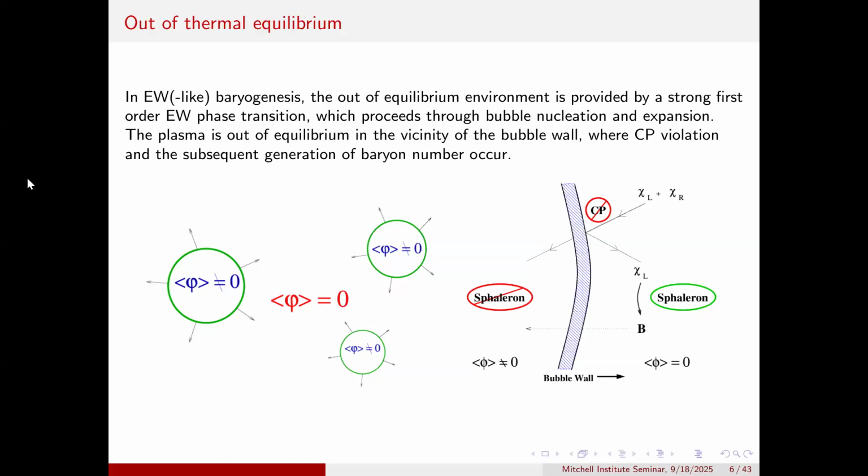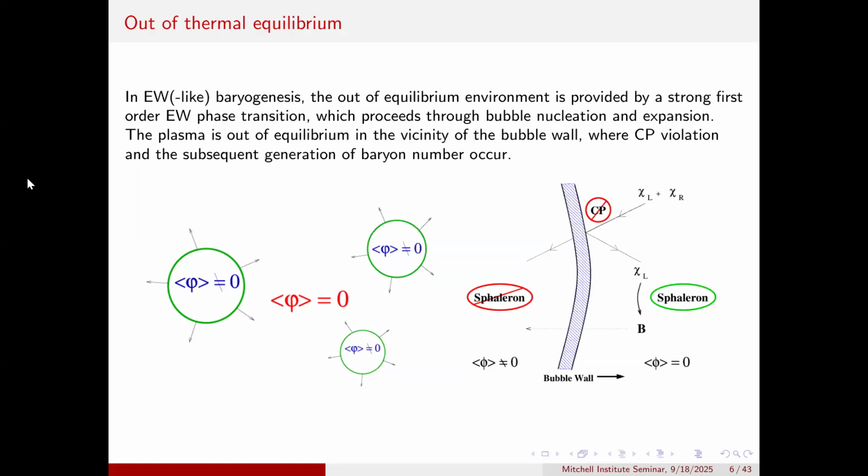And as we said in the sphaleron slide, the sphaleron is unsuppressed in the symmetric phase where the Higgs vev is 0. So outside the bubble wall, the sphaleron is active and it can turn the CP violation into baryon asymmetry.